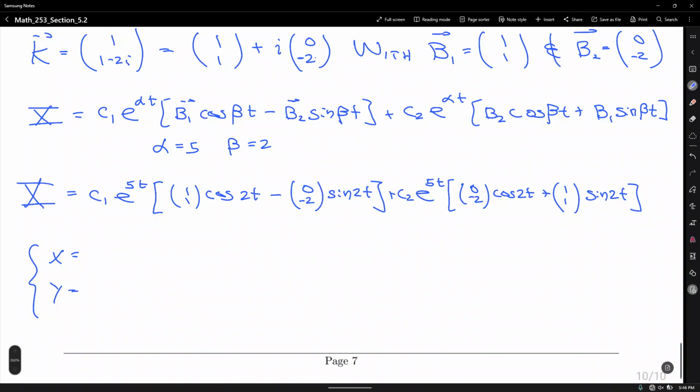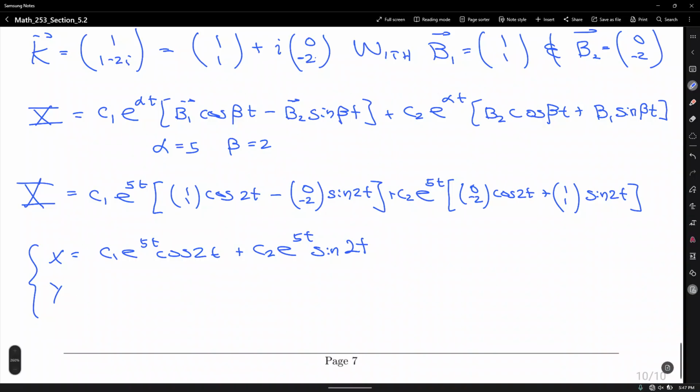That'll give me C1 e to the 5t cosine 2t. Here I'm going to get a 0. Plus C2 times 0 times cosine, I'm going to get 0 here. But in this case, C2 e to the 5t times 1 times sine 2t. That'll be plus C2 e to the 5t sine 2t. So that's the first component, right?